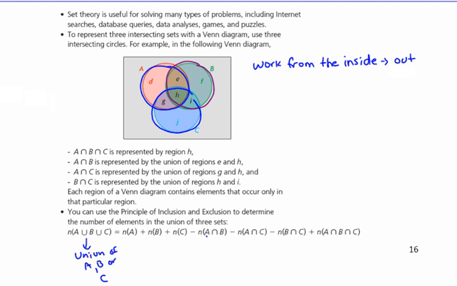So we have to subtract off those intersections, because we've already added them another time. If we subtract this off 3 times, though, we have to add back the intersection, because we subtracted it one too many times. So we have to add back H. So this giant formula here is what we're going to be working with today.